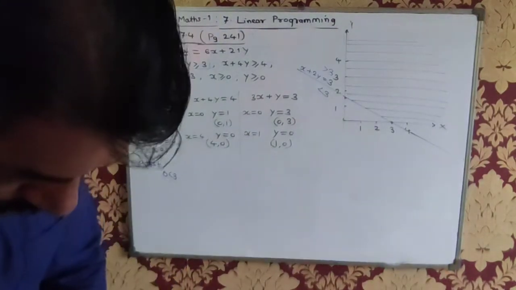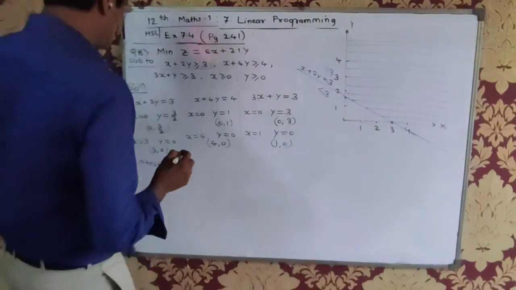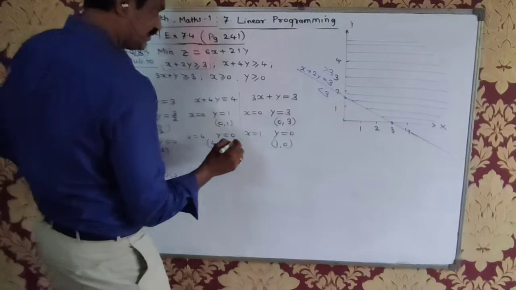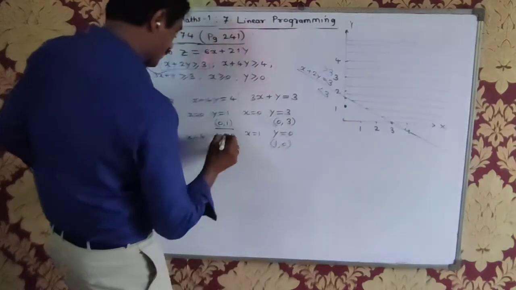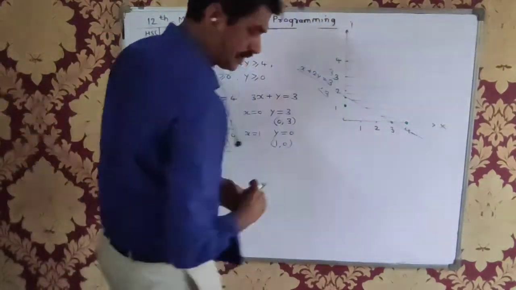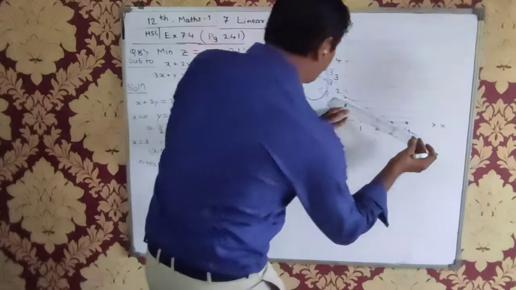Second one. Can you understand this? This is 0 comma 1 and 4 comma 0. Here it is, I have marked it.